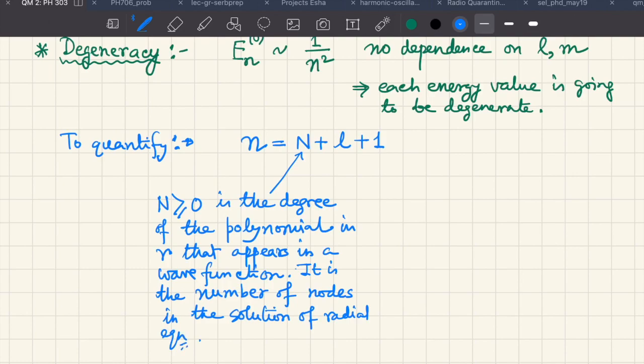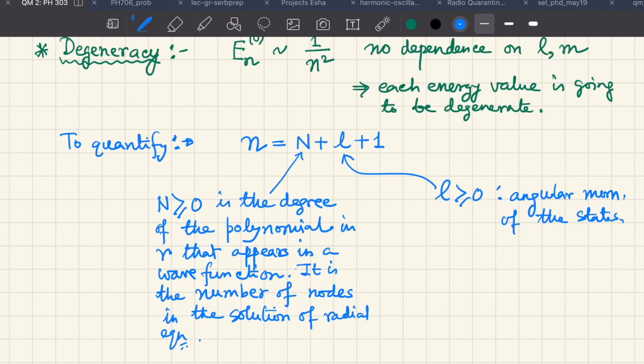It's a three-dimensional equation. As you might remember, there was a radial part, you applied the separation of variables technique, and there was a radial dependence and then theta phi dependence. The radial dependence leads to the Laguerre polynomial, and the theta phi dependence leads you to the spherical harmonics and all those things. And what was this L? This L was again greater than or equal to 0, and it represents the angular momentum of the state in which we are.